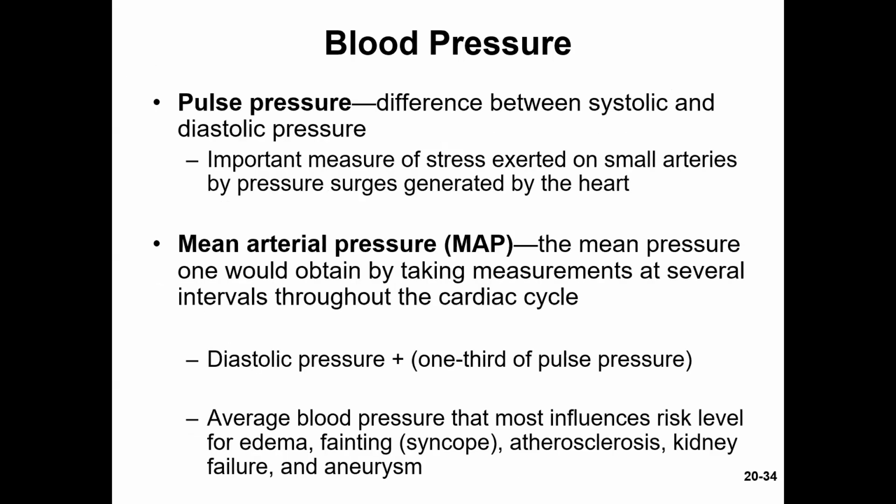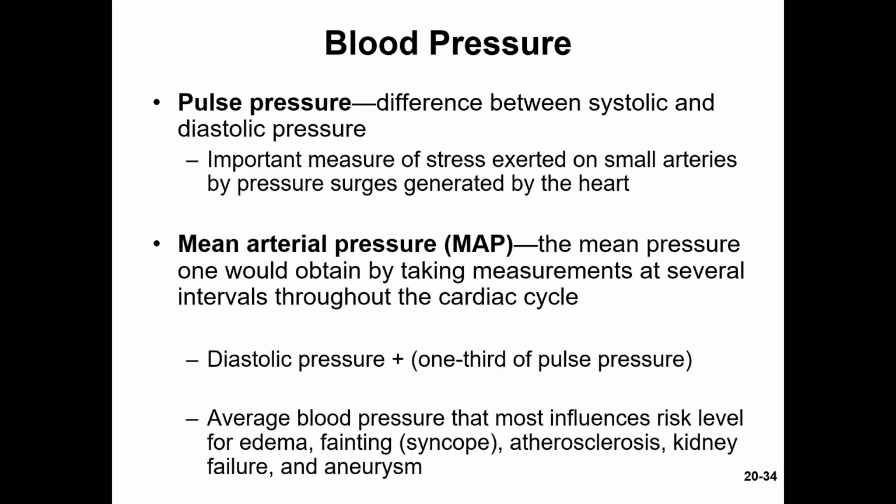So pulse pressure, this is the difference between systolic and diastolic pressure. It's an important measure of stress exerted on small arteries by pressure surges generated by the heart. The mean arterial pressure, or the MAP, is the mean pressure one would obtain by taking measurements at several intervals throughout the cardiac cycle.